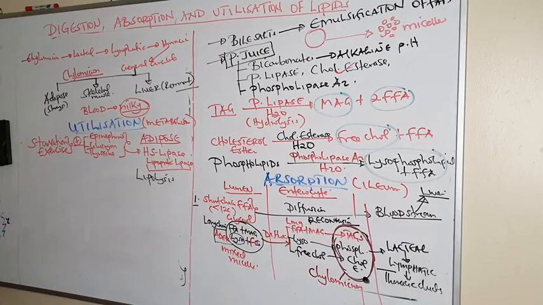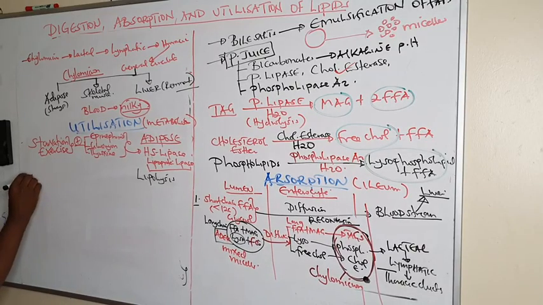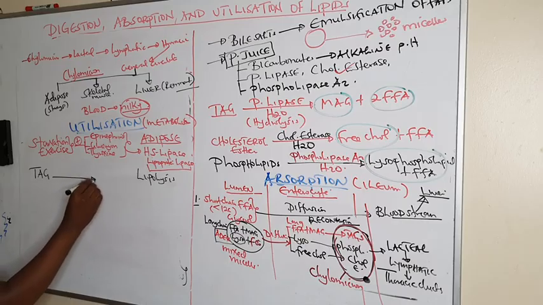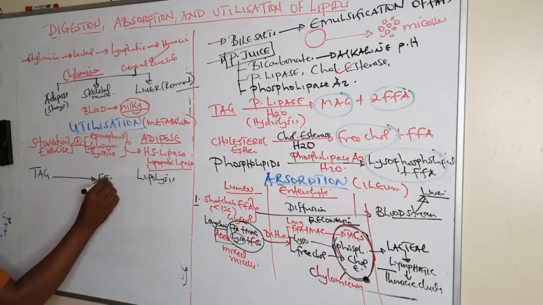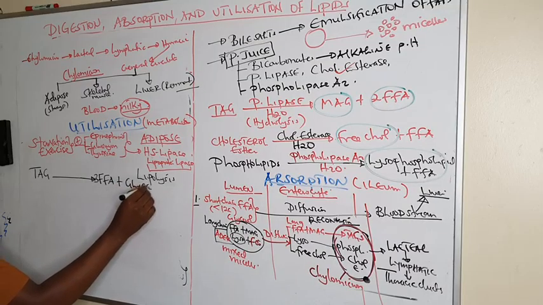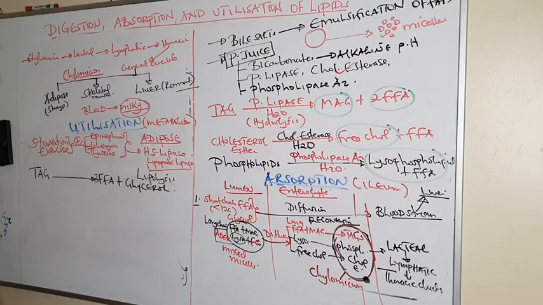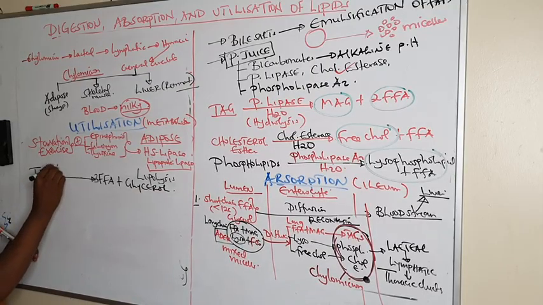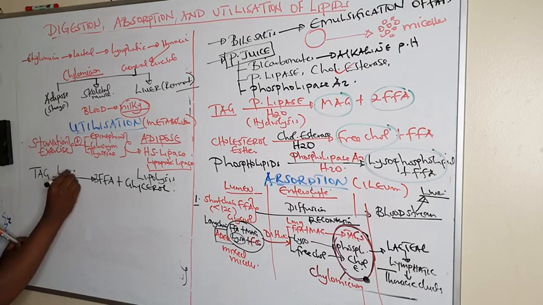They are the ones that do the work of lipolysis, whereby there is need of energy. The triglycerides in the adipose tissue are broken down to free fatty acids, 3 of them, plus glycerol. And the enzyme that is catalyzing this reaction is lipase in the presence of water.